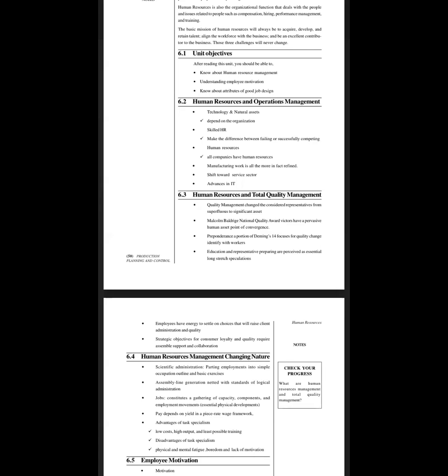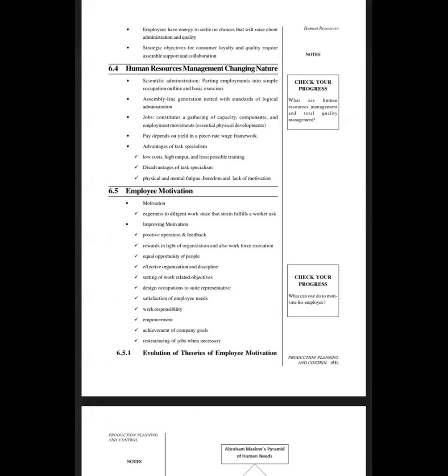Employees have the energy to make choices that will raise client service and quality. Strategic objectives for customer loyalty and quality require assembled support and collaboration. So these are all the important factors.